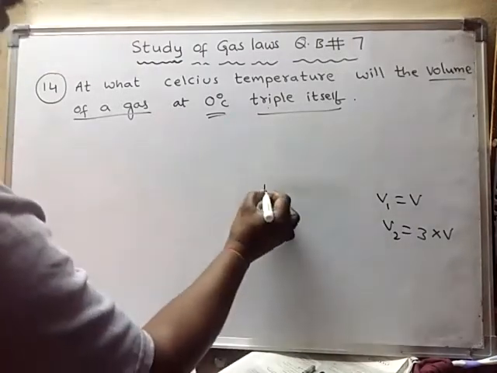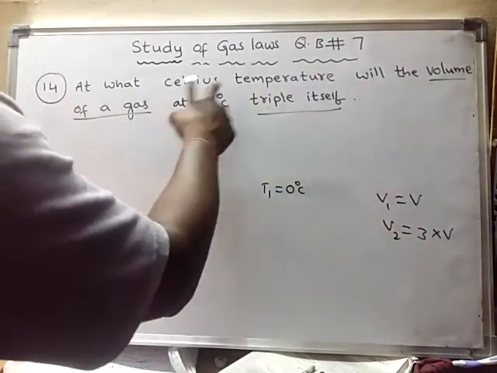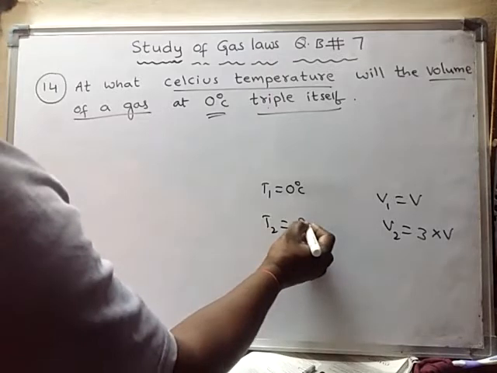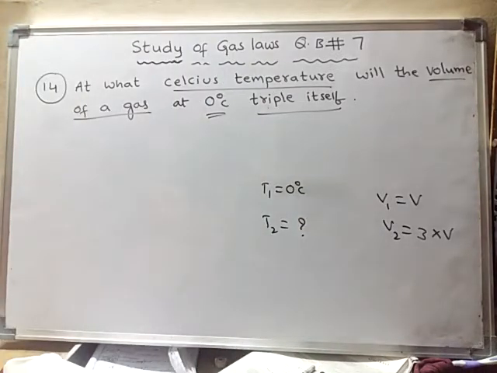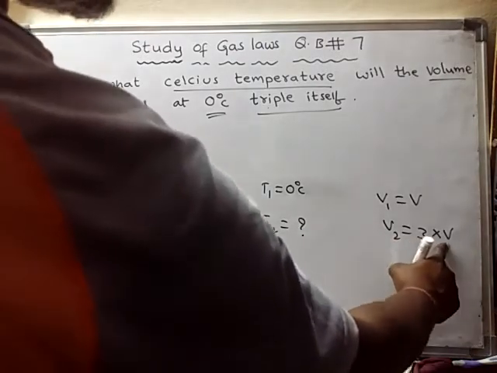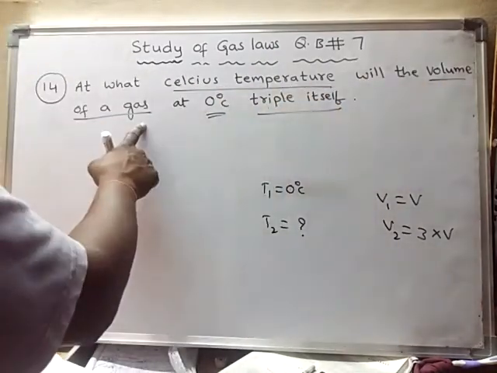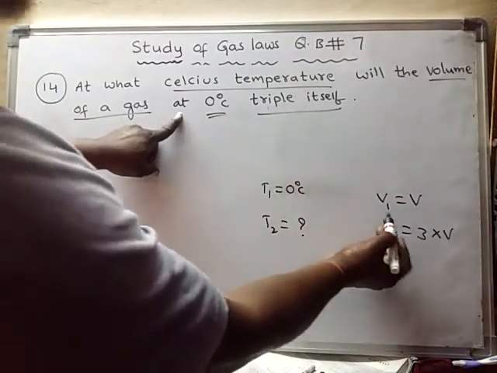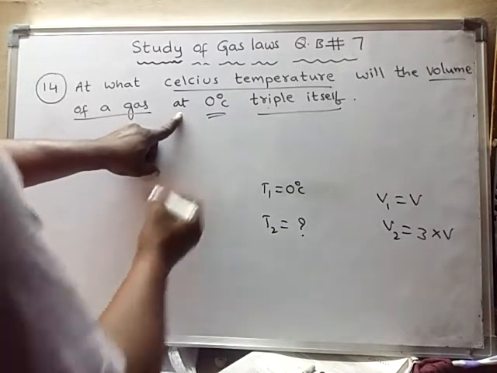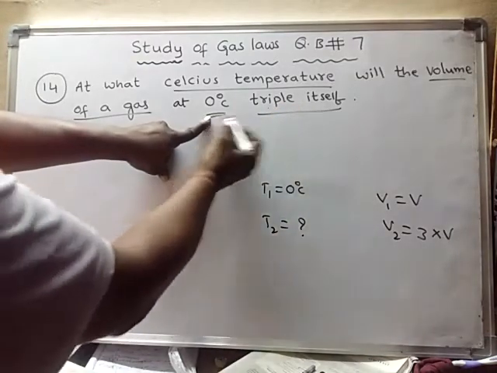So at what Celsius temperature will the volume become 3 times its initial volume? That means the volume of the gas at 0 degree centigrade should become triple.